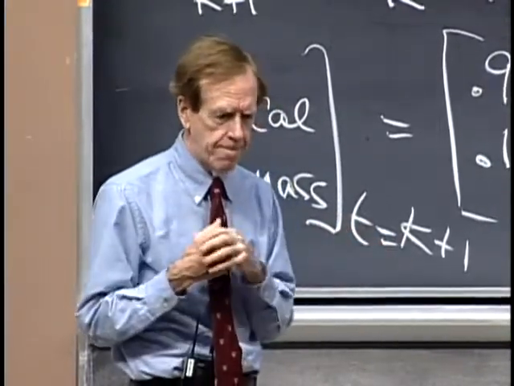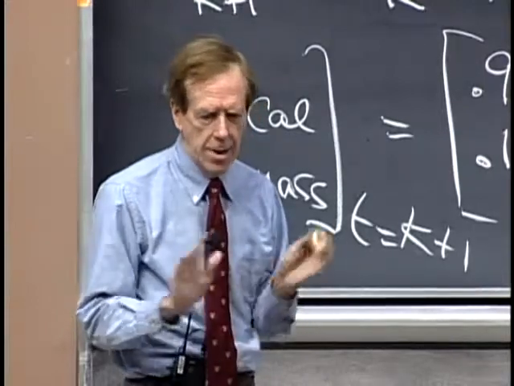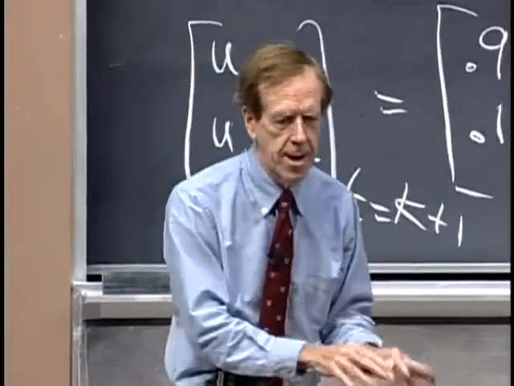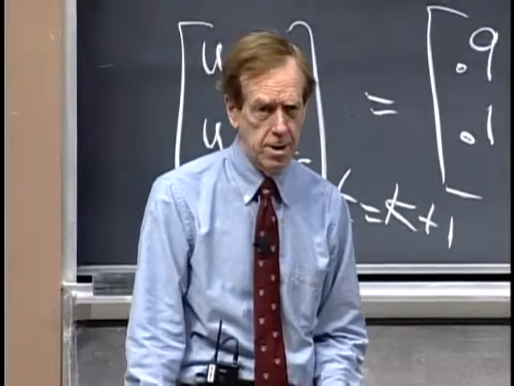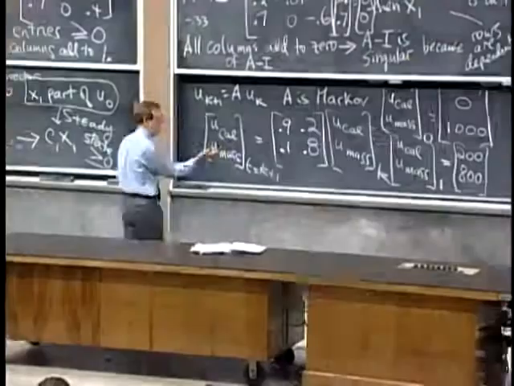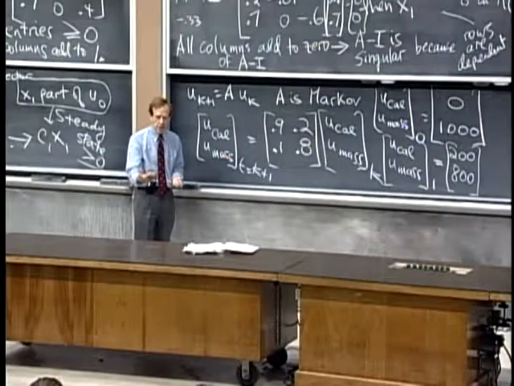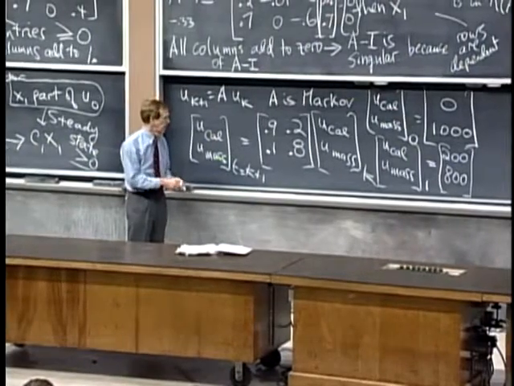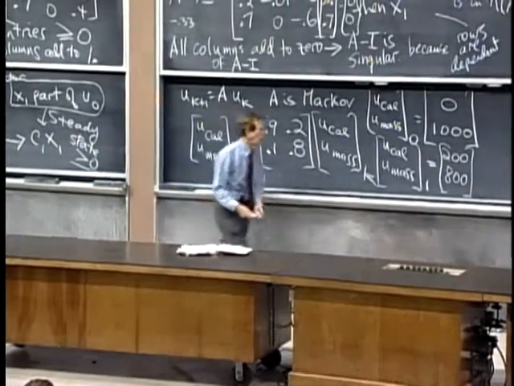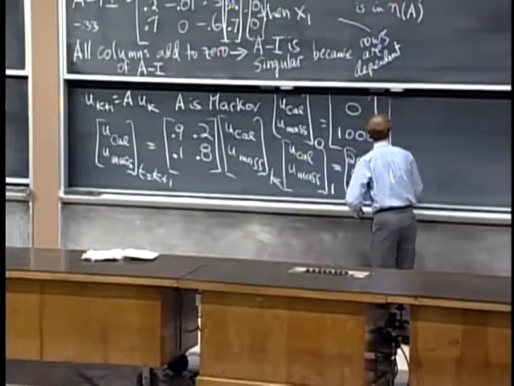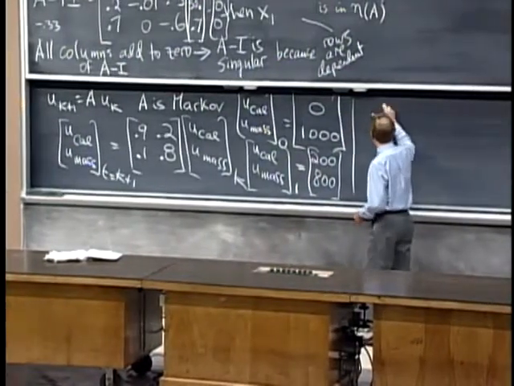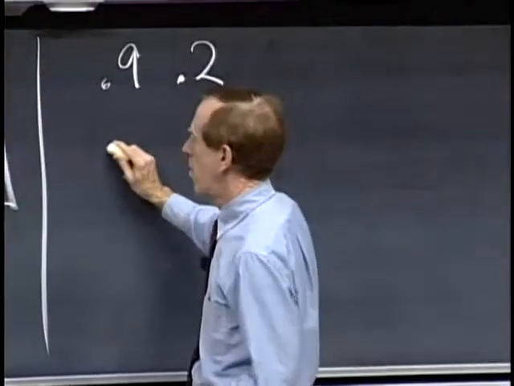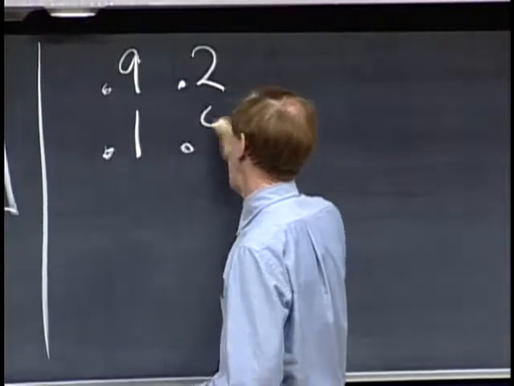What's the population? Well, to answer any question like that, I need the eigenvalues and eigenvectors, right? As soon as I've created an example, but as soon as I want to solve anything, I have to find eigenvalues and eigenvectors of that matrix. Okay, so let's do it. So there's the matrix 0.9, 0.2, 0.1, 0.8, and tell me its eigenvalues.